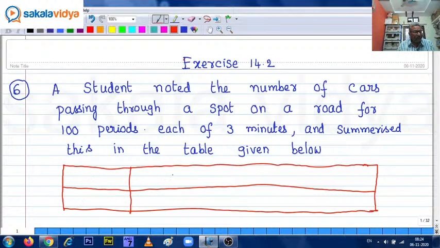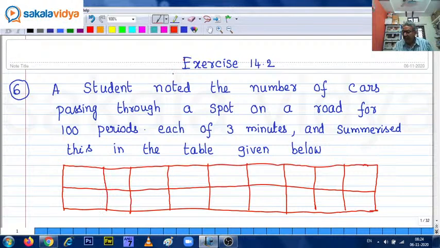Next is frequency. The classes are 0 to 10, 10 to 20, 20 to 30, 30 to 40, 40 to 50, 50 to 60, 60 to 70, and one more. Let us fill it now.